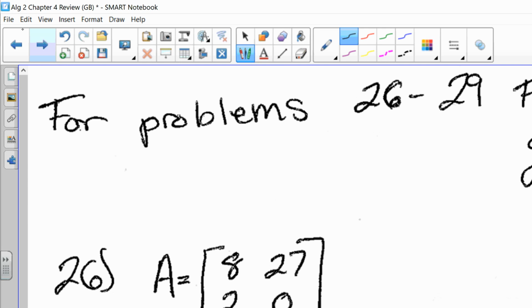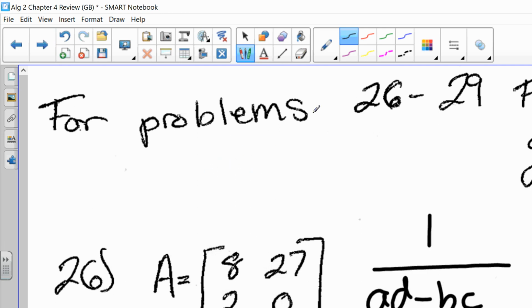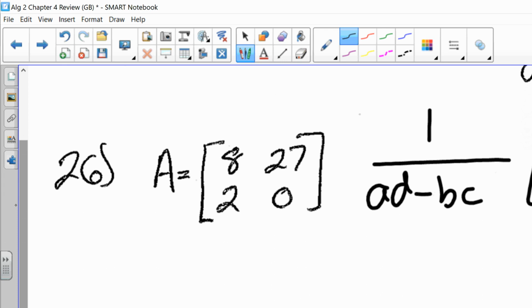So let's look at the inverses. If we do this by hand, what we're doing is 1 over AD minus BC times the matrix D, negative B, negative C, A. Because A and D switch places, B and C we switch the signs, and we multiply it by 1 over the determinant.